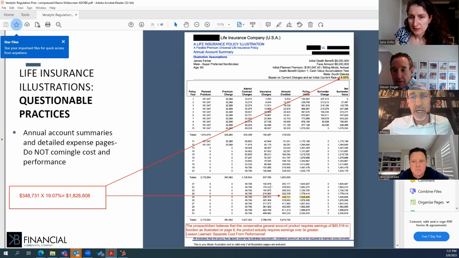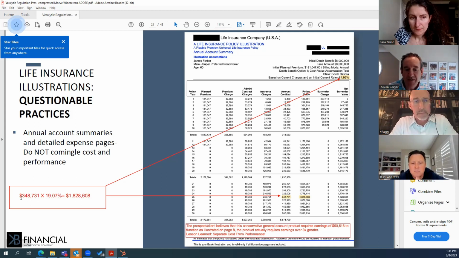Change your word there, Steve. It's not was credited. That's what the insurance company has to credit in the future. Even though they said that they're going to only credit 5, they have to actually credit that number, which is much higher and is what I would consider to be fraud in any other segment of the financial services business. Right, agreed. So now we did the math for you.